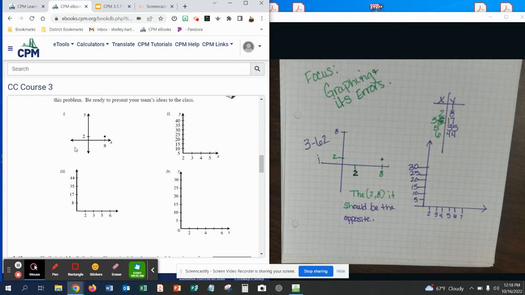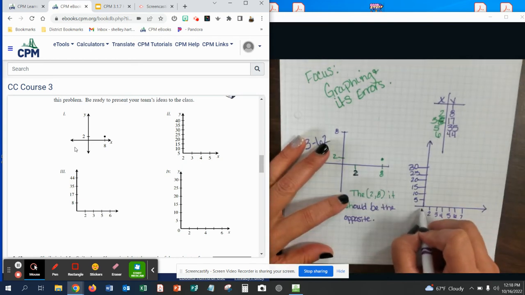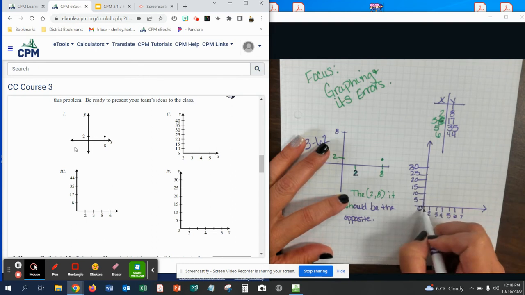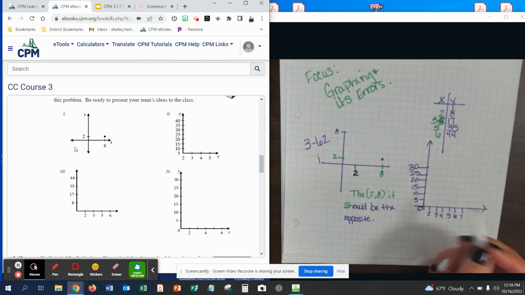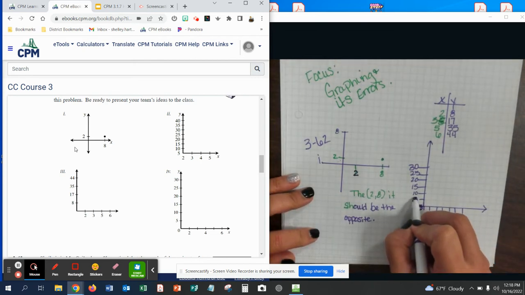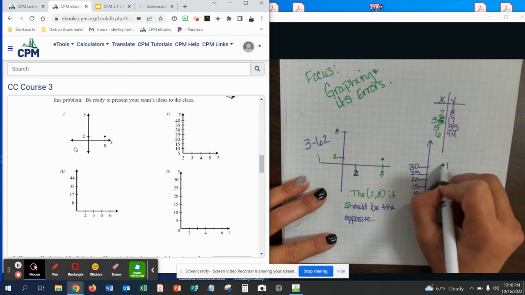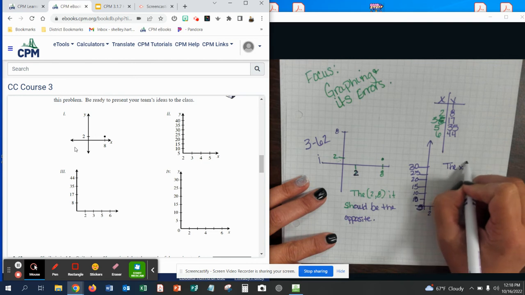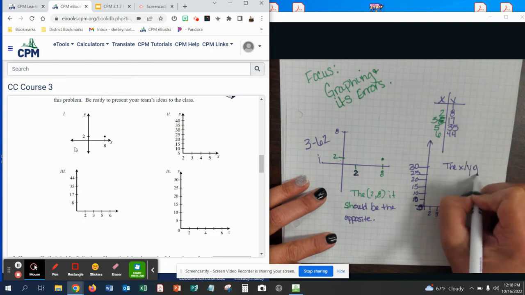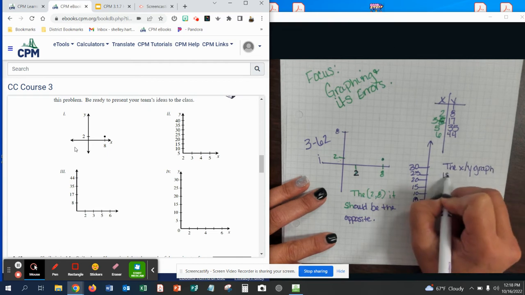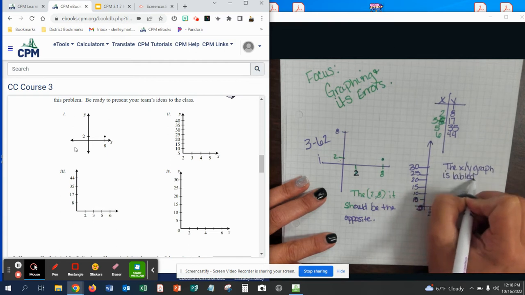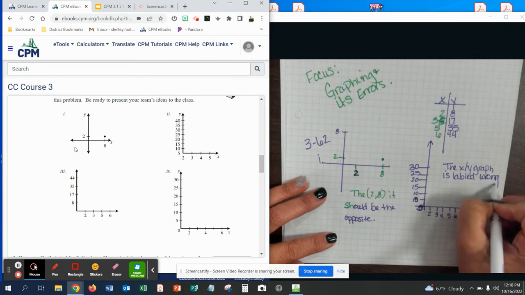By the way, they haven't graphed anything yet. I will tell you what their mistake is on this one. There's no origin. Just the way they graphed it, they made the 5 the origin, and this is supposed to be 10. So the X and Y graph is labeled wrong.